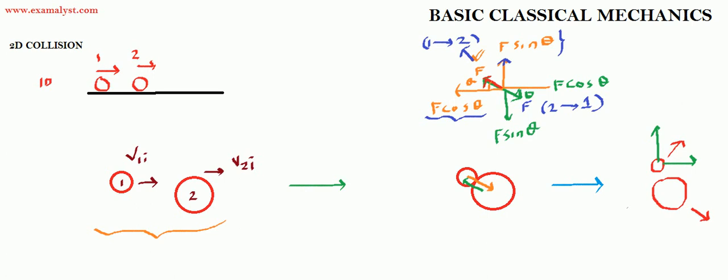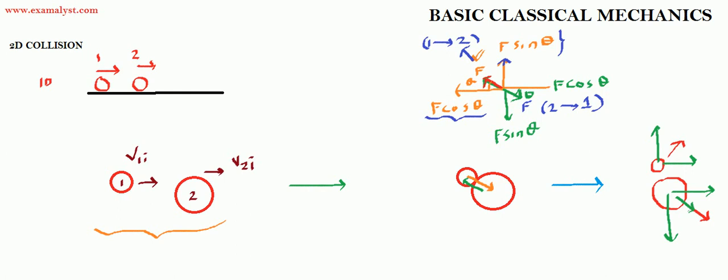As a result, you see this ball number 2 has two types of motion. One motion is forward and another motion is downward. So it is not only moving forward but also moving downward, as a result of which the final motion is along this particular direction that you can see. Agreed? So this is how the reaction force decides the final motion.